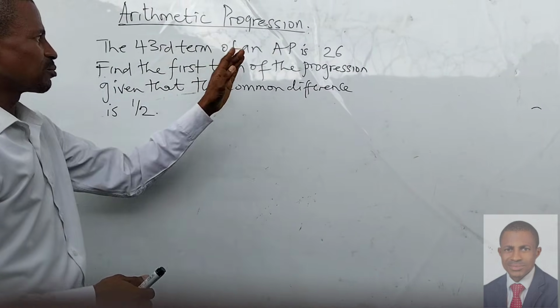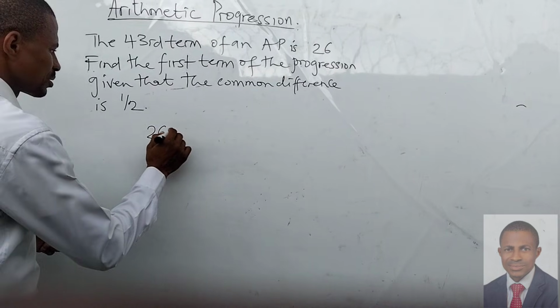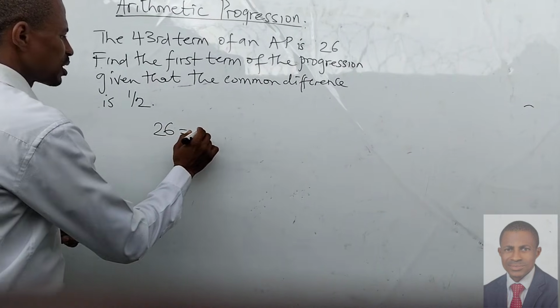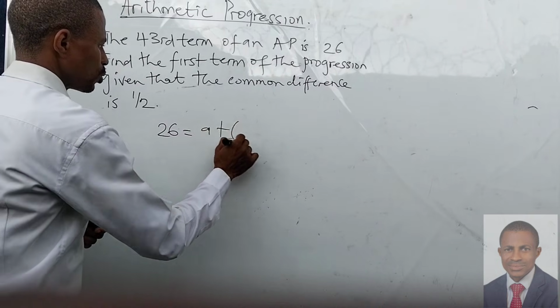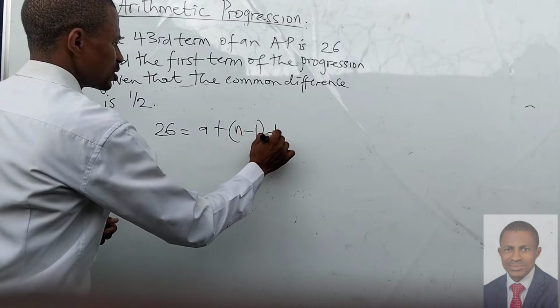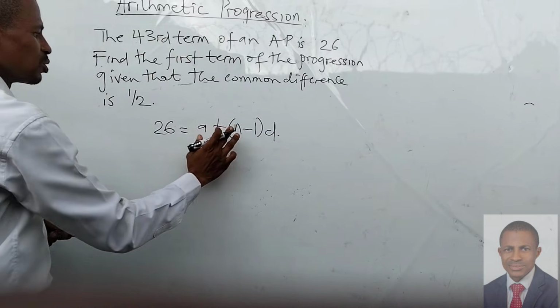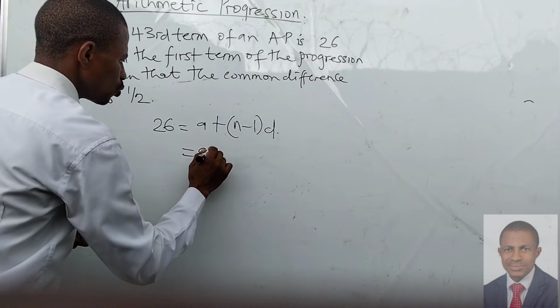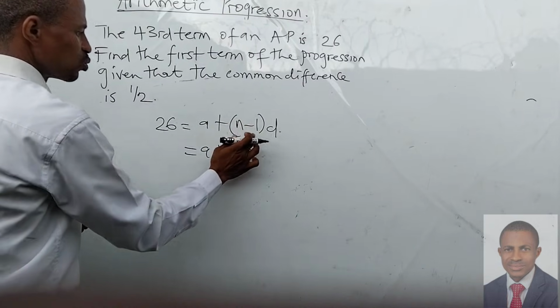The 43rd term of an AP is 26. And the 43rd term means that we have first term plus n minus 1 into d. Now this n, since it's the 43rd term, we change to 42, because 43 minus 1 is 42.